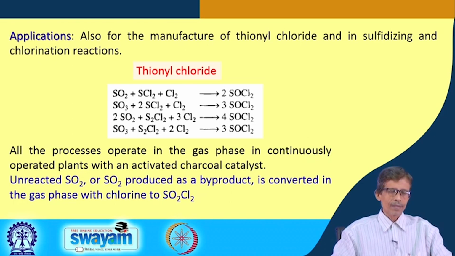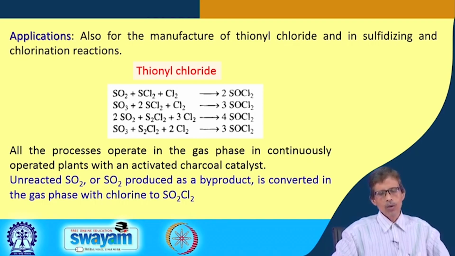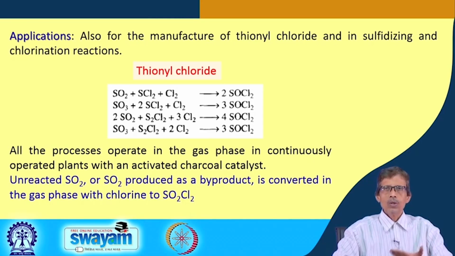So, earlier we have seen that vanadium pentoxide can be your catalyst, iodine can be your catalyst, now your charcoal. So, the charcoal powder or the charcoal dust has a huge surface on it and the gas is flowing on the surface of that charcoal. So, charcoal powder is basically giving you an activated surface area and the gas molecules are adsorbed on it and you get the required conversion.